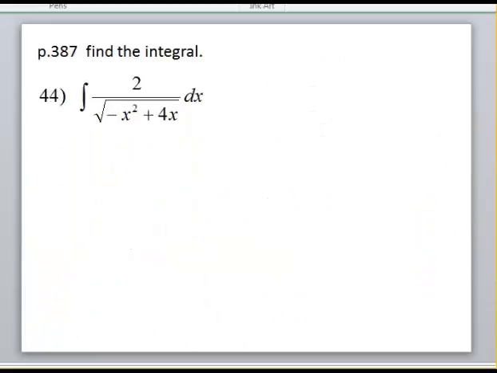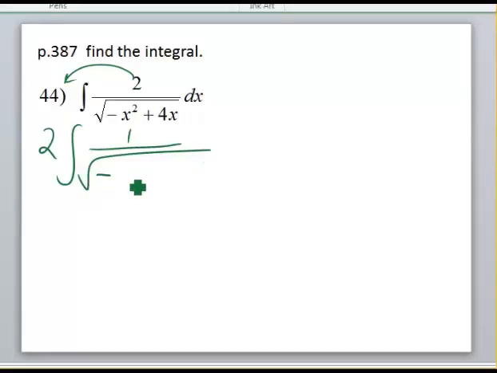One more example. I'm trying to get through this one. This one again, I'm going to bring this 2 out front. Nothing's going to work again, so I'm going to have to figure out some way to complete the square. I'm going to pull out a negative because I don't like to complete the square with a negative. So I'm going to pull out a negative, which would make that -4x.